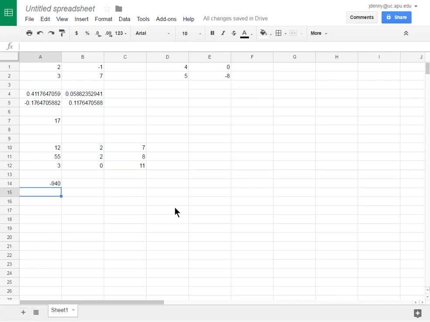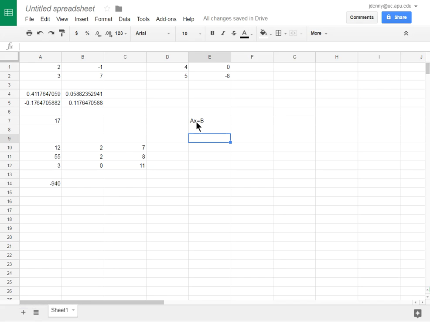The next thing I want to show you is how to solve matrix equations. So let's say we have the formula A times X equals B. A is a matrix and B is a matrix.